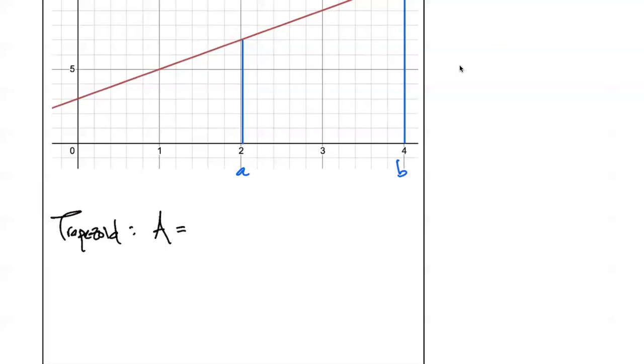In particular, you have 1/2 times a base times a height. But in a trapezoid, there's not just one base, there's two bases. So we add those bases together. Instead of 1/2 base times height, we're looking at 1/2 base 1 plus base 2 times the height.